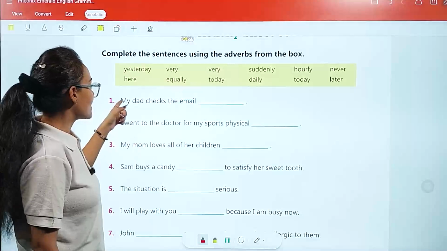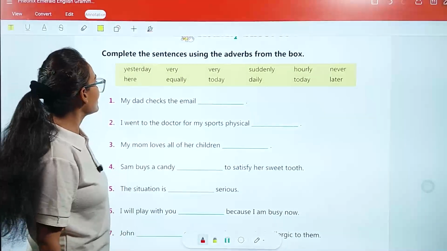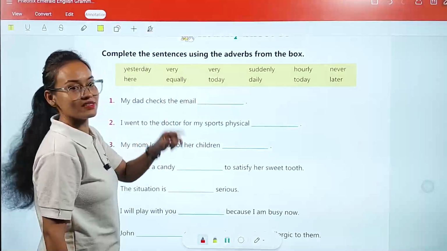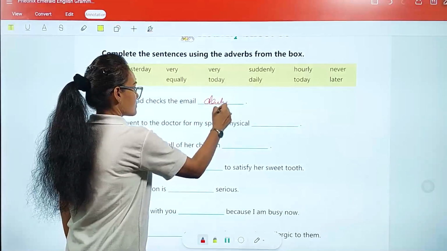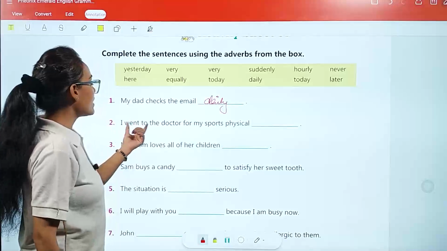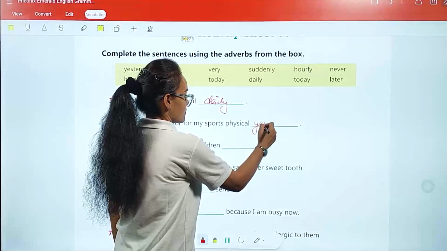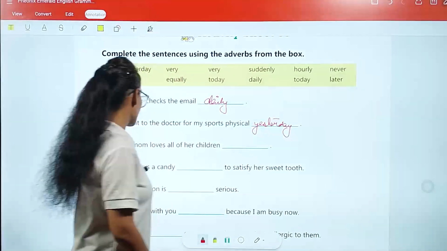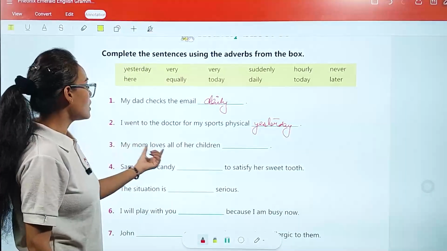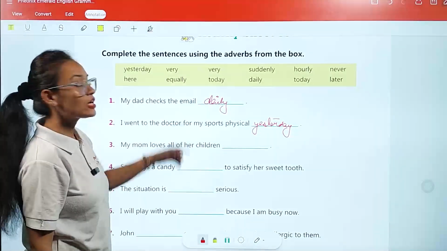Now the first one: my dad checks the email daily. I went to the doctor for my sports physical yesterday. My mom loves all of her children equally.